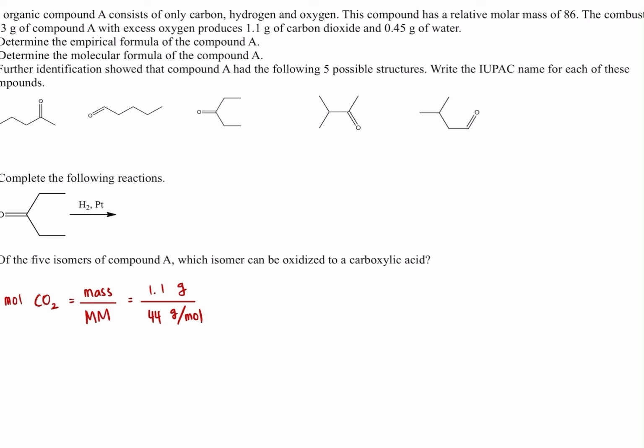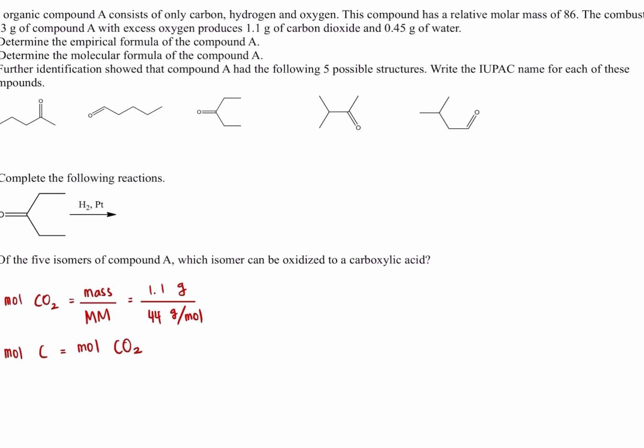And then from this, we are going to calculate the mole of the carbon, which is a 1-to-1 ratio. So mole carbon equals mole of CO2, right? Because it is a 1-to-1 ratio in the CO2 molecules.